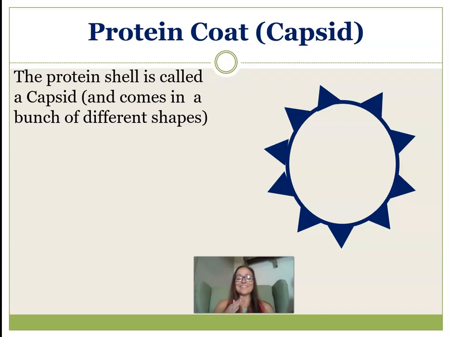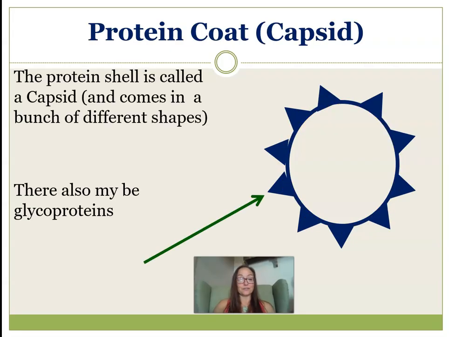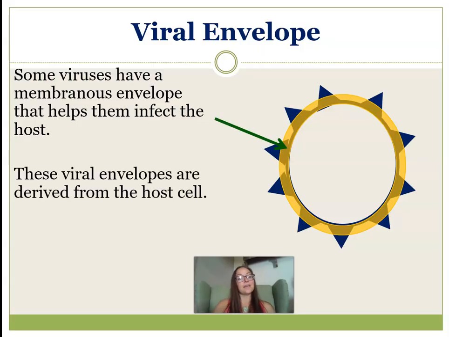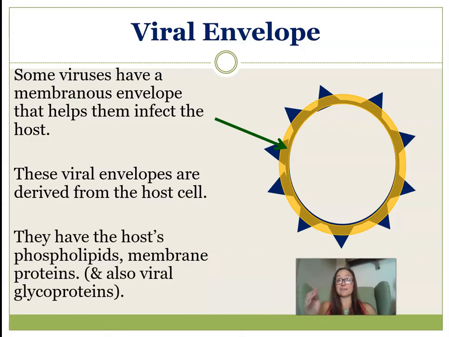There are also these glycoproteins, which are proteins on the surface. And some viruses have an envelope, a cell membrane envelope derived from that host cell, which makes it easier to enter nearby host cells inside the body.